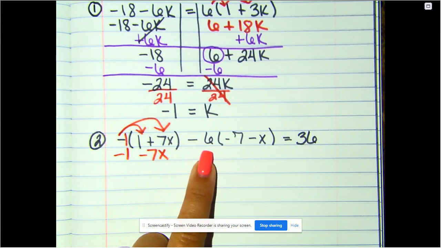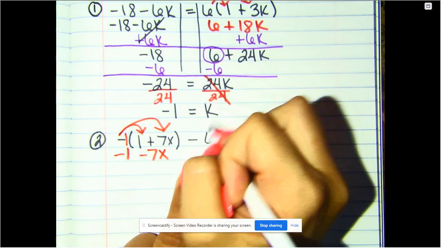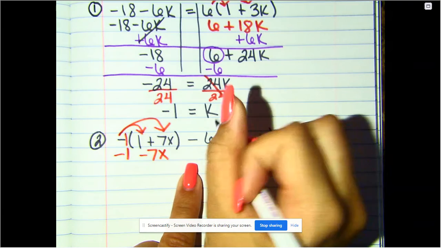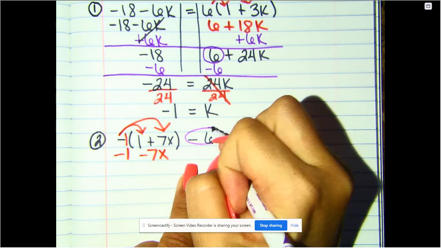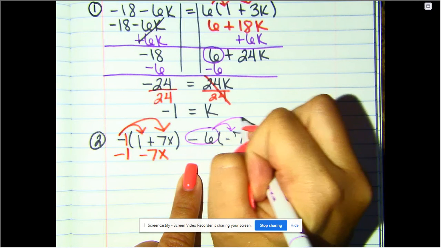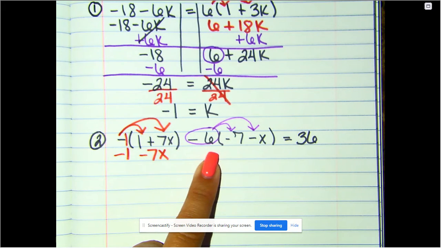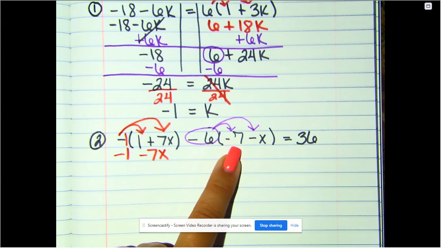Okay, the next section, be very careful because it's not just a positive 6, but it is a negative 6. So I'm going to take the negative 6 through the parentheses. Again, being very careful because as I look here, it's a negative 6 and a negative 7.